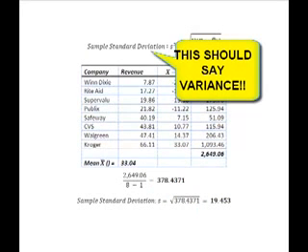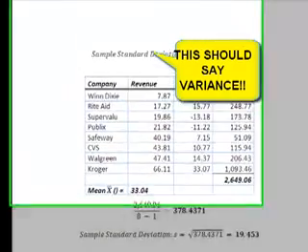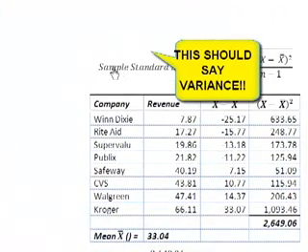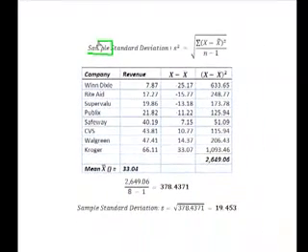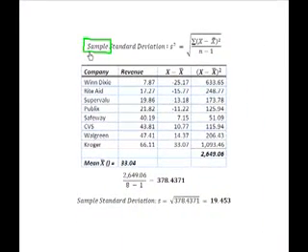Okay, so what happened while you were gone, or while I was gone, or while we were both gone? I all of a sudden said, well, what happens if I just treat this information as sample data as opposed to the population? Well, I'm going to change the formula slightly, but only slightly. It's still going to be the sum of x minus the mean squared, but a couple of things have changed.